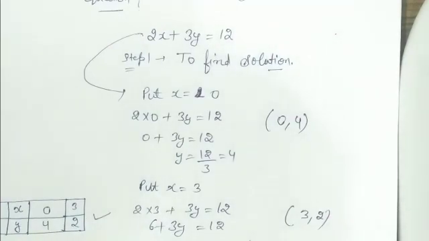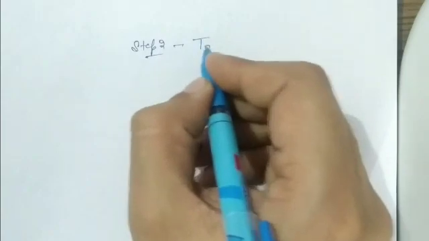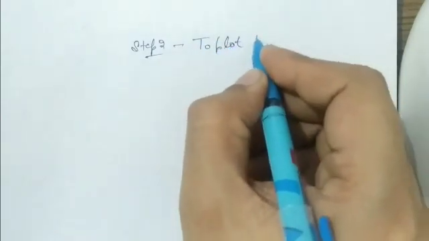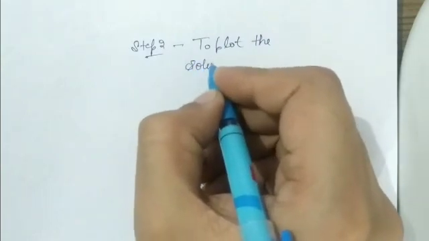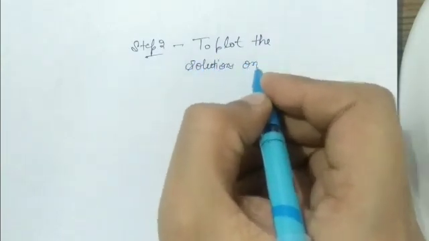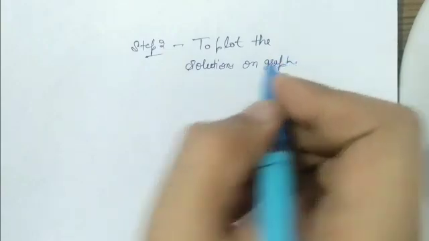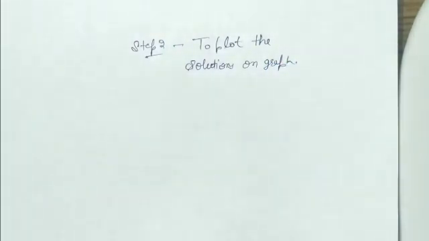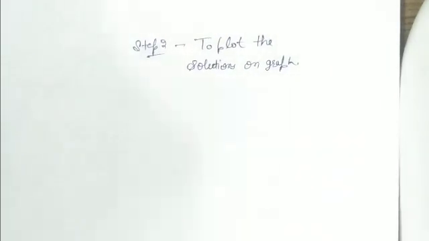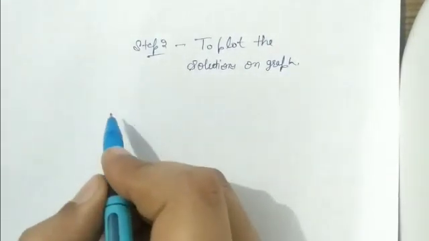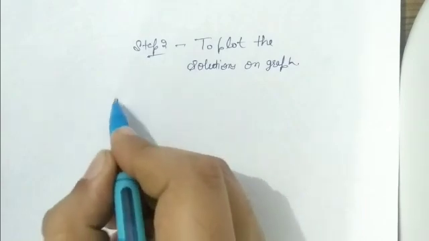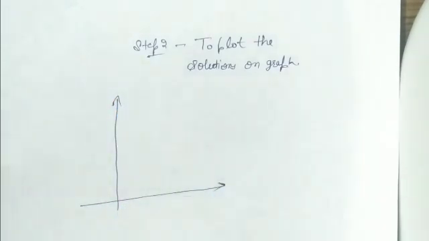The next step of making the graph will be step number 2, to plot these points. Plot the solutions on the graph. I am just drawing the graph using my pen only here, but you have to draw it properly using graph paper. Since I don't have graph paper, I am going to draw it here only. All of you know that a graph has an x-axis and a y-axis.